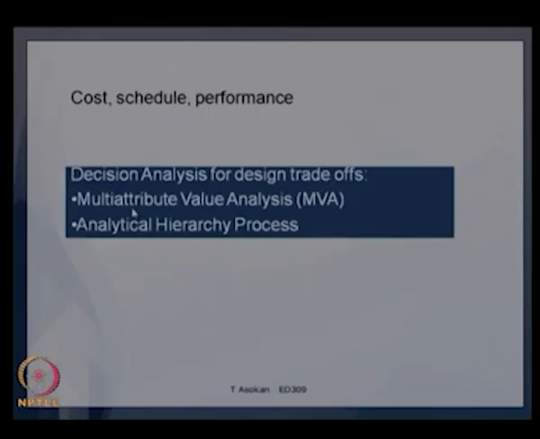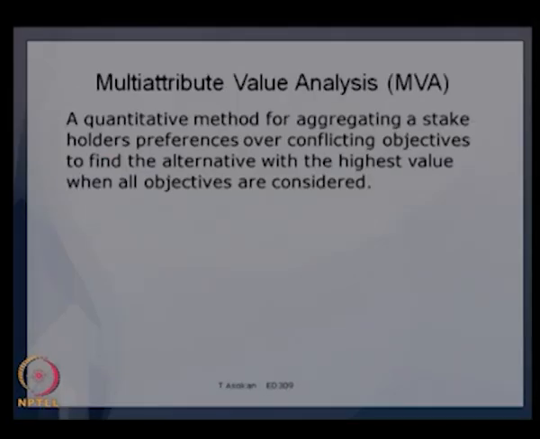Multi-attribute value analysis is one of the most common methods used to find out how we allocate the requirements, based on value functions of the system. This is a quantitative method for aggregating a stakeholder's preference over conflicting objectives to find the alternative with the highest value when all objectives are considered.